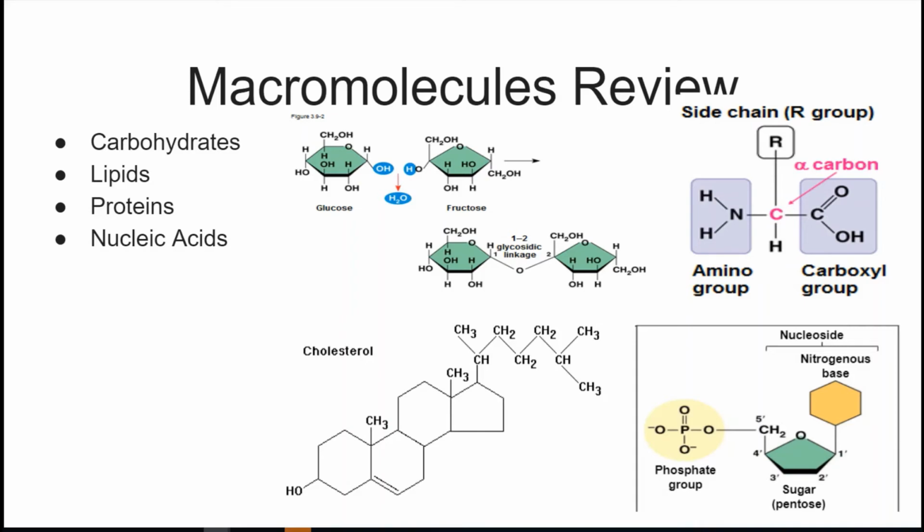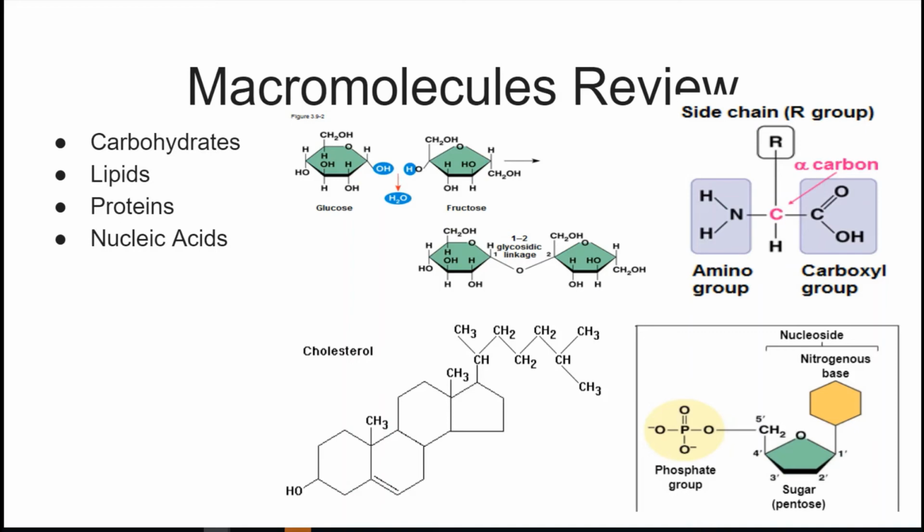They're going to have carbon, hydrogen, and oxygen. They're also going to have nitrogen because of that nitrogenous base. That nitrogenous base in yellow right there is showing something that is a pyrimidine. So we're going to talk a little bit about that later in the week, how you could figure out if something's a pyrimidine or a purine. But there's one ring there, so I know it's a pyrimidine.